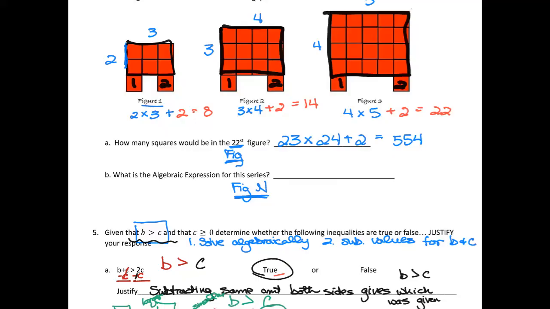You added 1. So if I add 1 to n, you are going to get n plus 1. Now, what is the length of the side up on top? The length on the top? n plus 2, right? Because this was 1 more, this would be 2 more, and then plus 2.